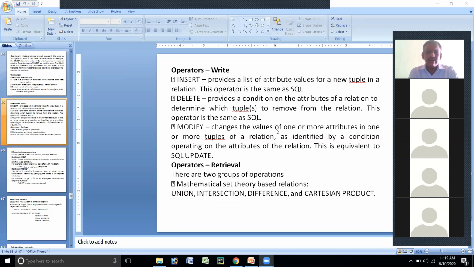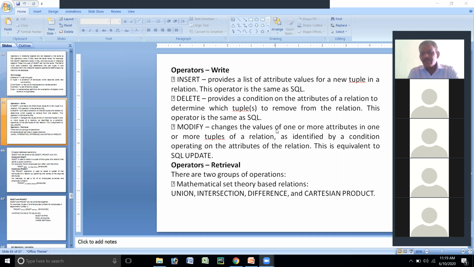We are entering the attribute values, which is nothing but a tuple. A collection of attributes is a tuple. That's why we say insert adds the values to the attributes, which creates a new tuple.